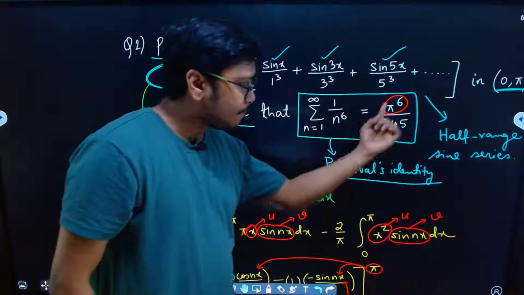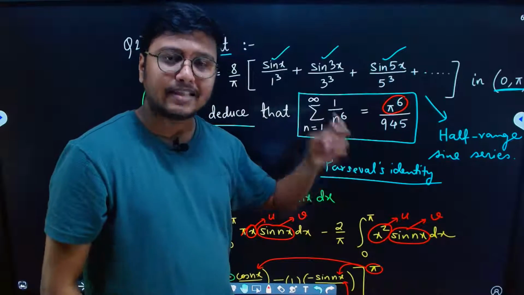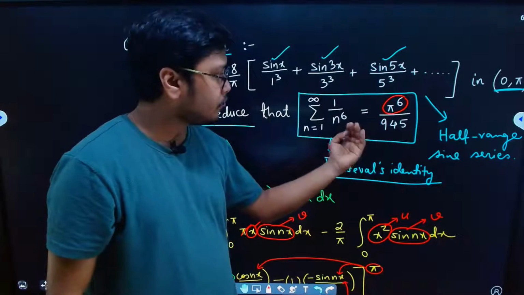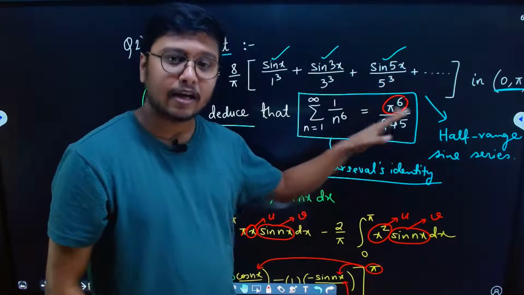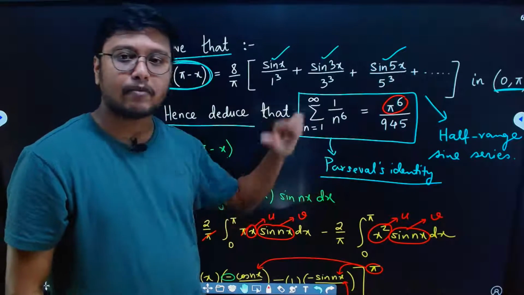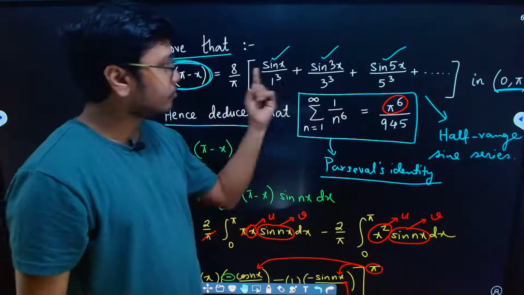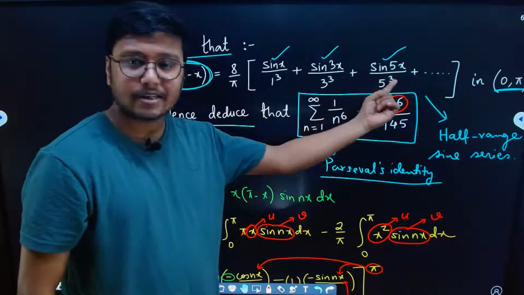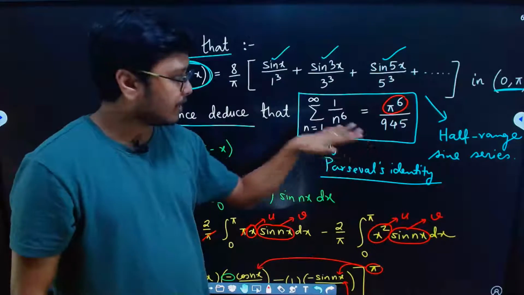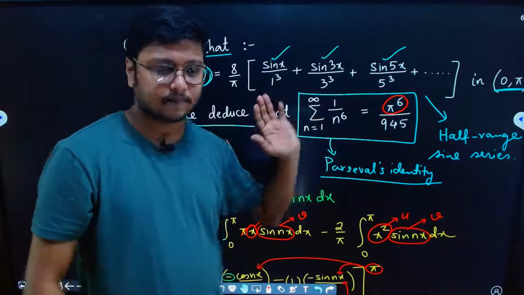But if the pi power is more than 2, let's say 4, 6, if you have higher powers of pi, you have to understand it is definitely coming from Parseval's. In that case, if you put some value of x in the previous line, you will never get that answer. Okay, to get that answer, you have to use Parseval's.